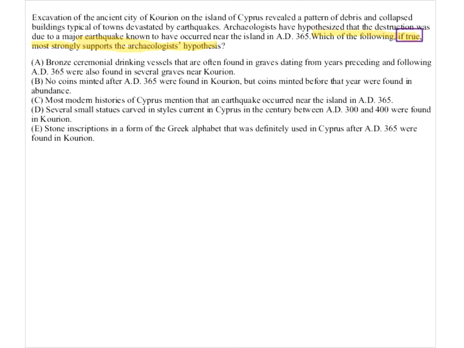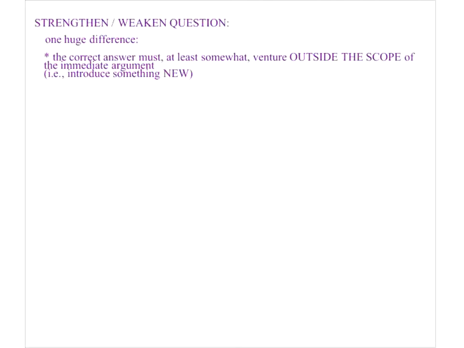That's a monumentally huge difference because now, unlike finding assumptions, we are not looking anymore at things that must be true. Whatever we tell you, we're just assuming that it's true. So notice that you no longer are constrained to picking things that have to be true. This means there's an upside and a downside.